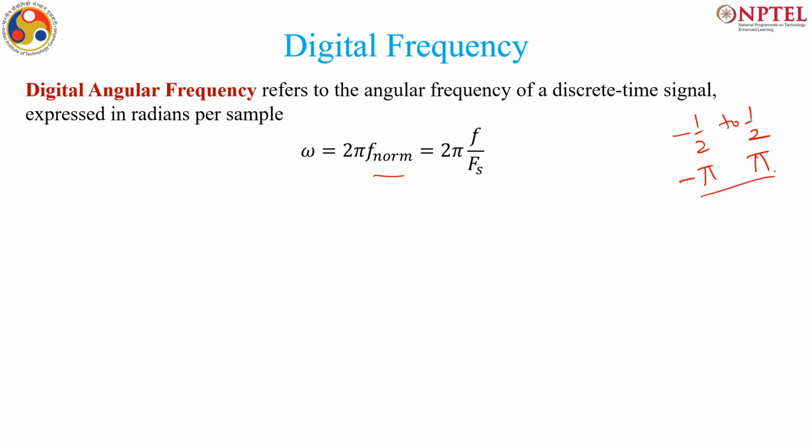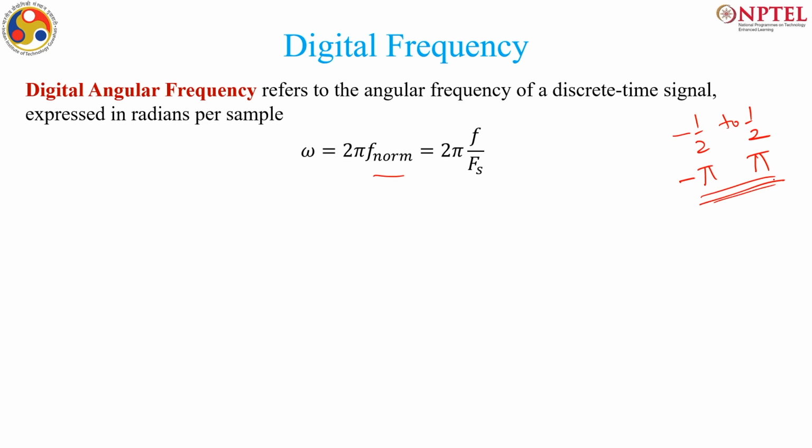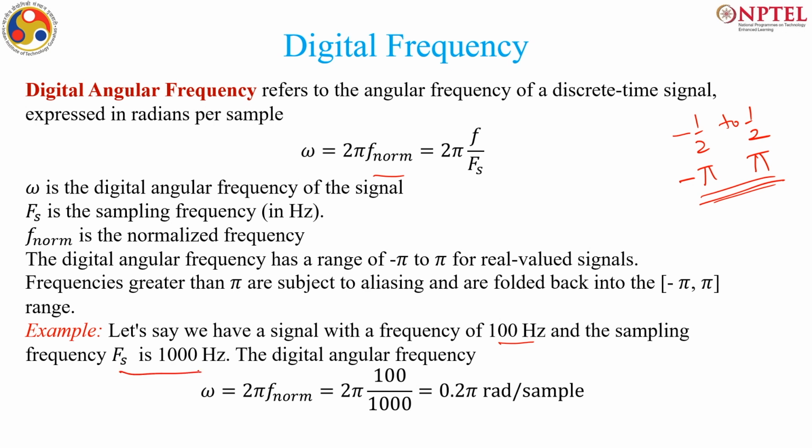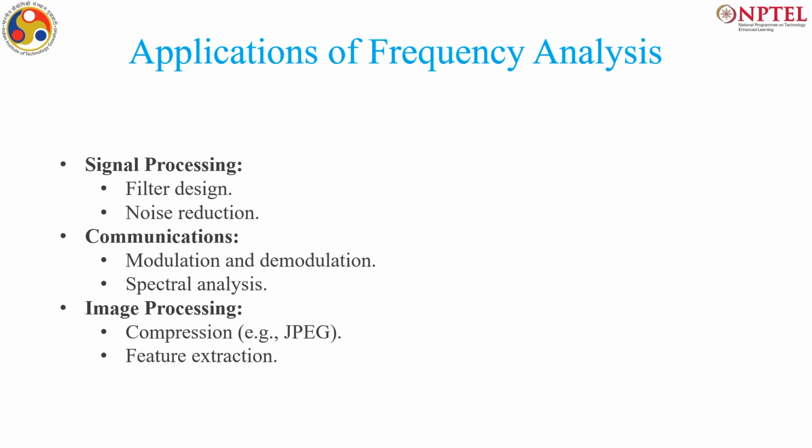Technically, when you study the DTFT, it will be periodic with this as the fundamental period, but for all analysis purposes the range minus π to plus π is used. For example, if you have a frequency of 100 hertz and your sampling frequency is 1k, you can easily find your digital angular frequency using this formula, which is 0.2π radians per sample.